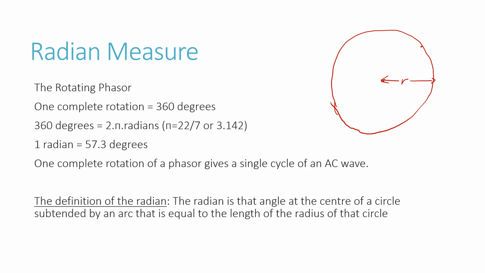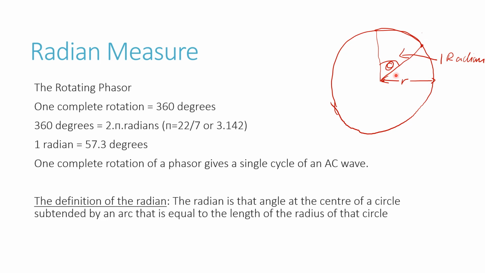So you take that string and you bend it around here, the length of the radius, the angle formed by that arc that is the length of a radius is called 1 radian. Okay, so that is what a radian is. It's the angle that is created when you take an arc that is the length of a radius. That angle is called a radian.